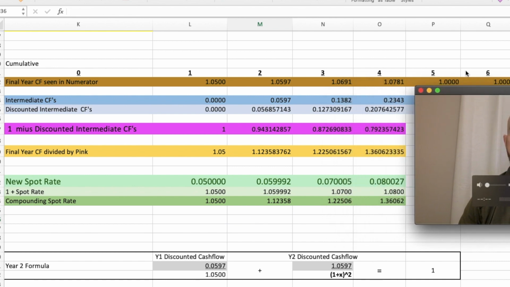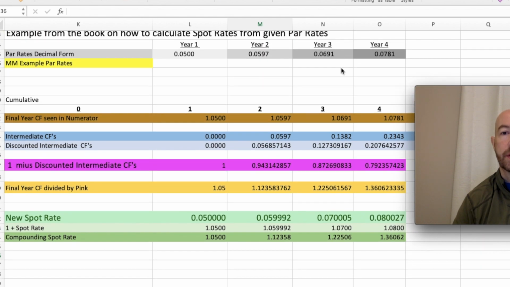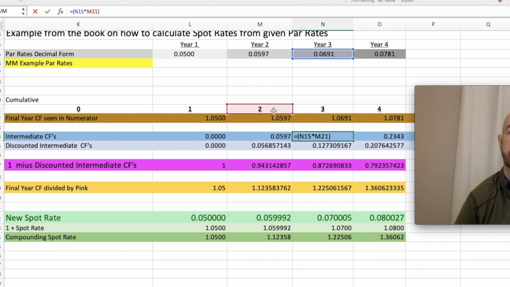You can see the more you go, like a third year, your par rate is going to be your numerator in every period. So for sure you're going to get the 1.0691 in the final year, and you're going to get 2 of those in the middle. So whatever the par is times the number of years, so times 2.